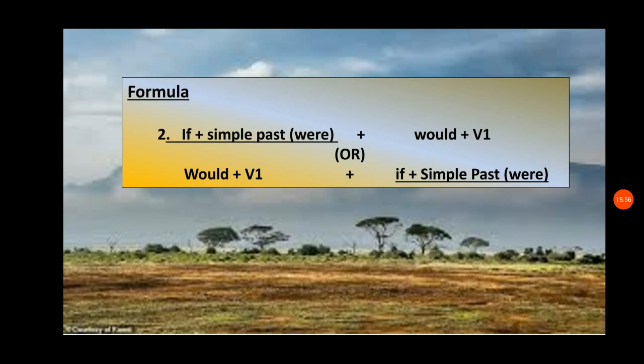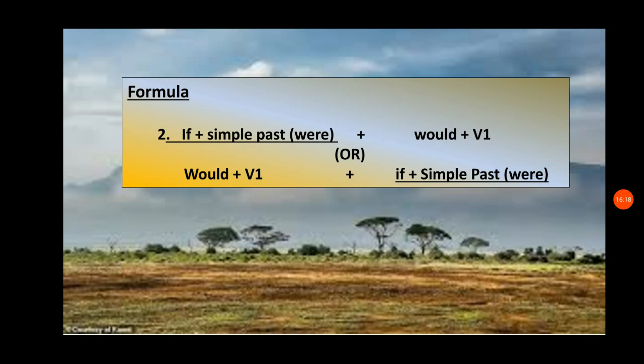So in such cases we should use were with all the pronouns, even with I, he, she, it. Actually in the past tense we use were only for we, you, they.